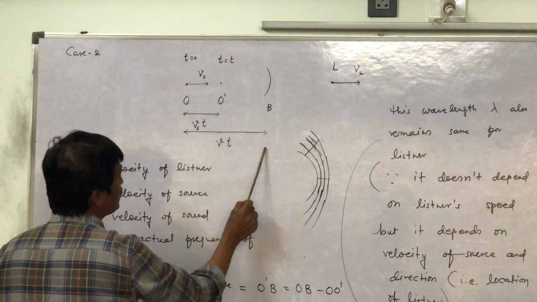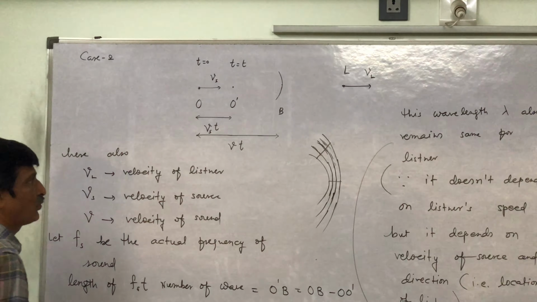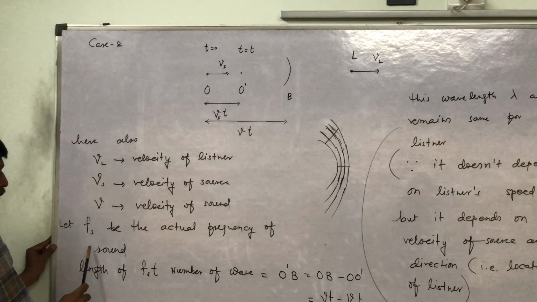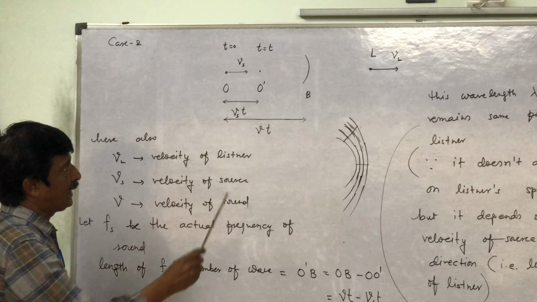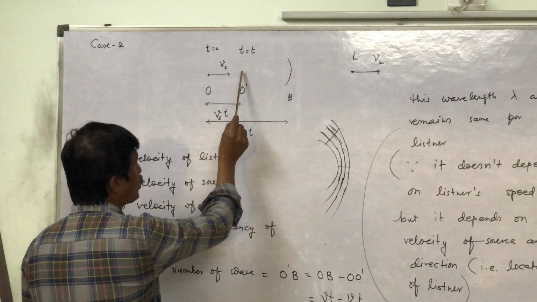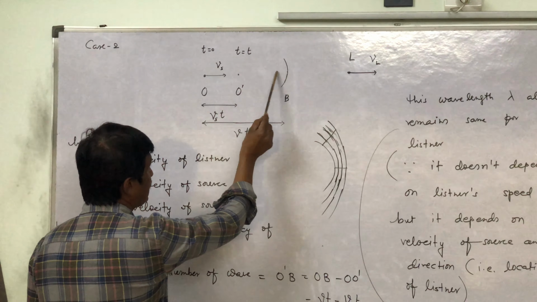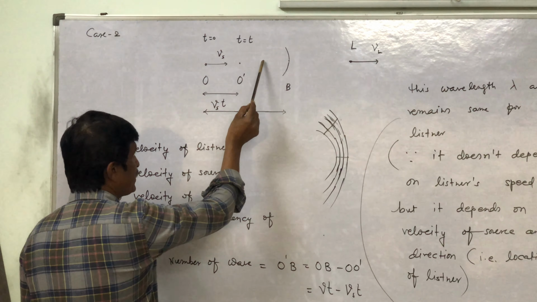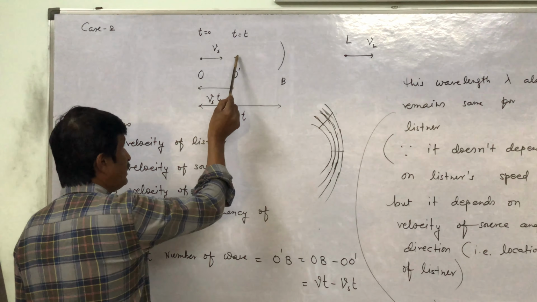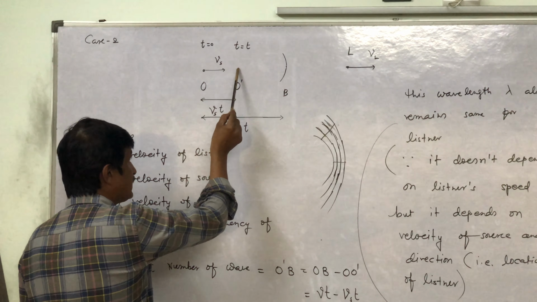So this one is vt, where v stands for velocity of sound. During this, here also fst number of waves are emitted, but they are accumulated in this length only, because the first wave is here, second here, third, and so on. The last wave at time t equal to t is here.